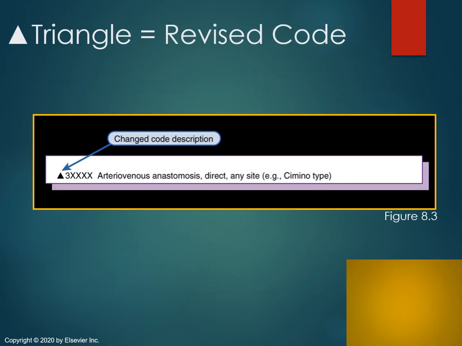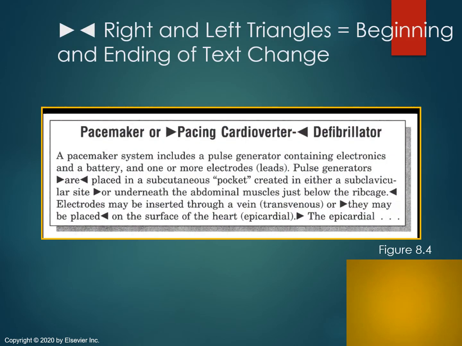Triangle means revised. The code description was changed. So a right and left triangle means the beginning and ending of text changes. In this case that we're looking at right here, we can see that the changes were made in the word "are" and also "are" underneath abdominal muscle just below the rib cage, and also they may be placed.